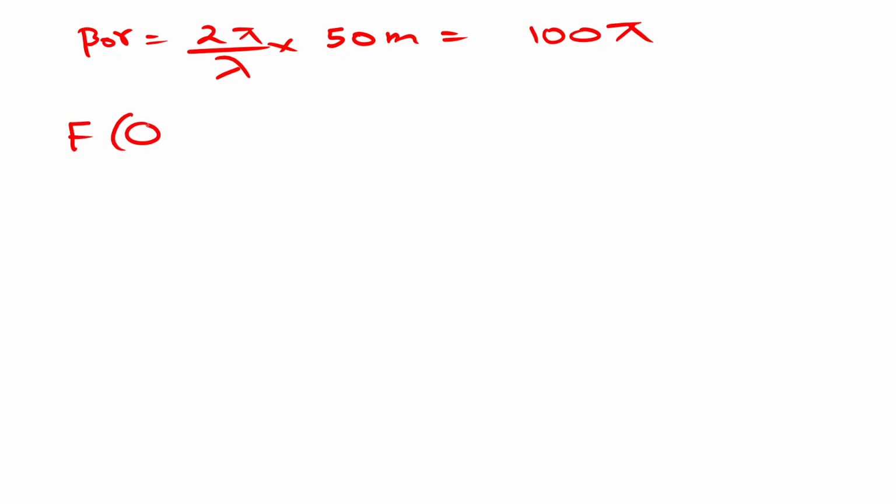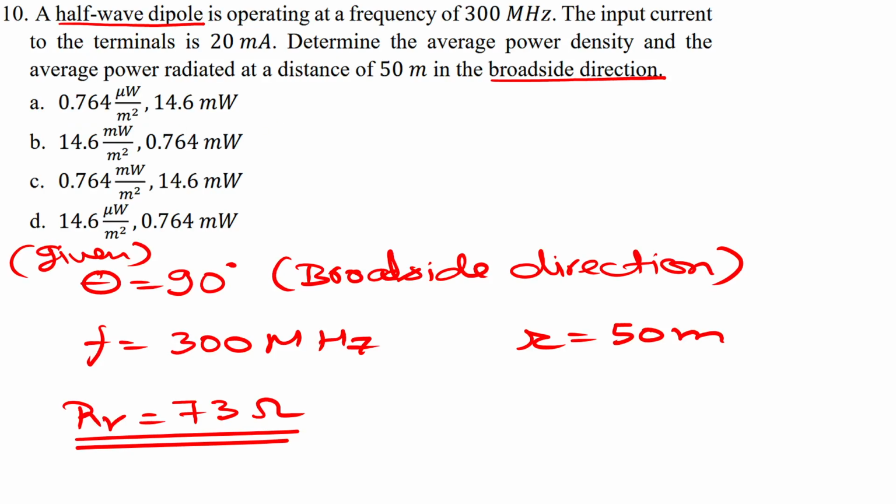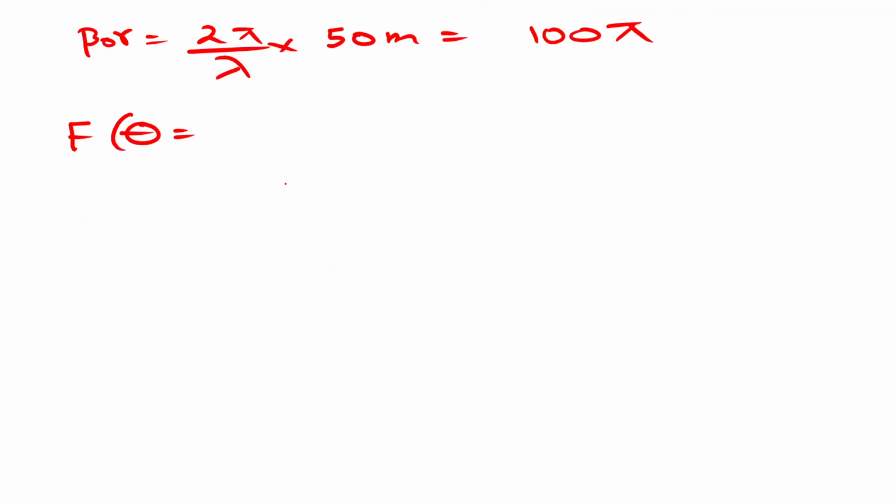From this we can calculate beta r, where beta is nothing but 2 pi by lambda, and r is the distance, which is 50 meters. When we calculate this we get 100 pi. So beta naught r is 100 pi. Now I am calculating the field of the half wave dipole antenna when theta is 90 degrees.